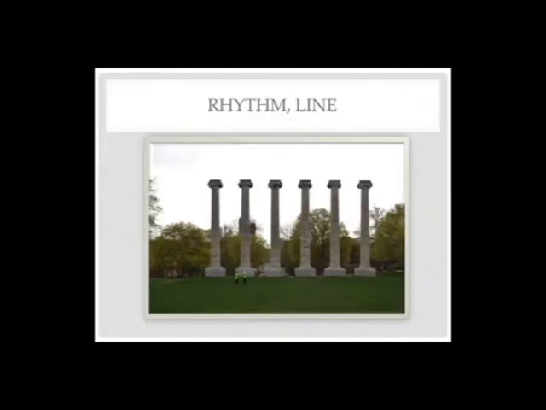At the University of Missouri, these are the iconic columns that were destroyed in a fire. So this is all that was left of that building, and definitely have some regular rhythm happening along with the lines atop the iconic or ionic columns.